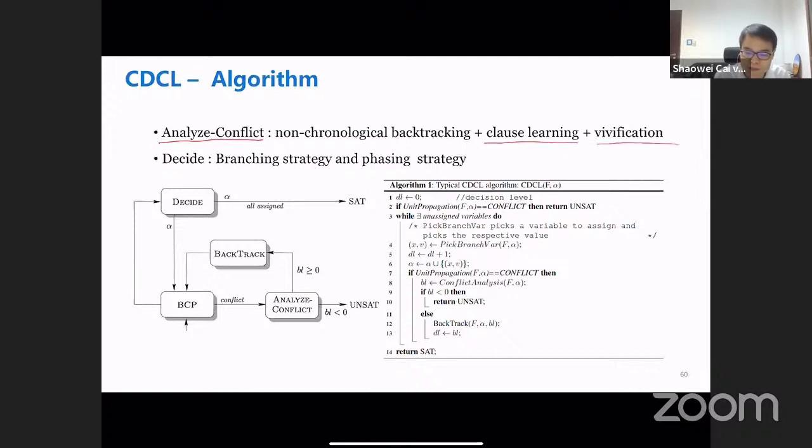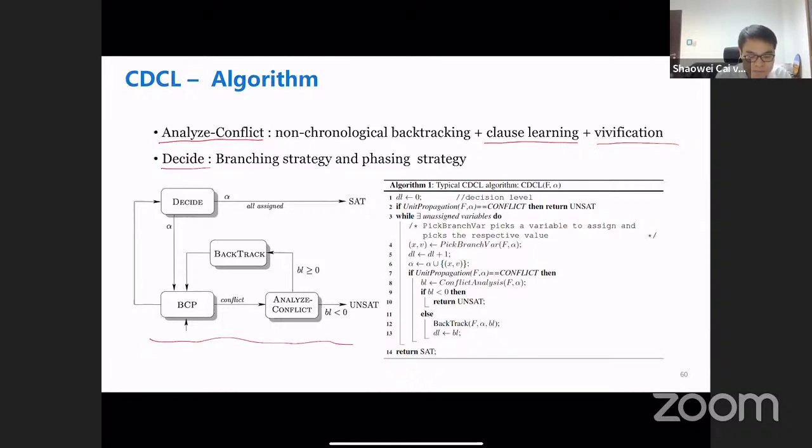After we learn the clause, we do non-chronological backtracking, just as we said. Another part is the decision part. In the decision part, we take a variable to branch and assign it a value to start a new branch. So this is the loop of CDCL.